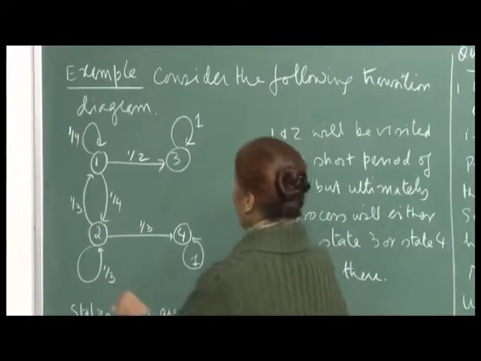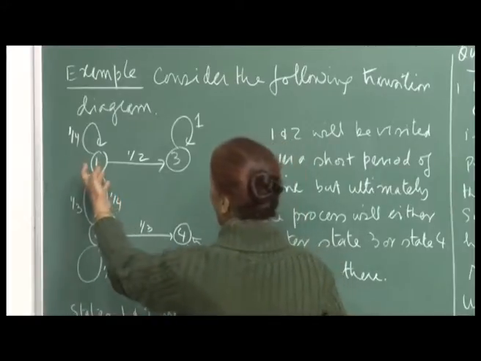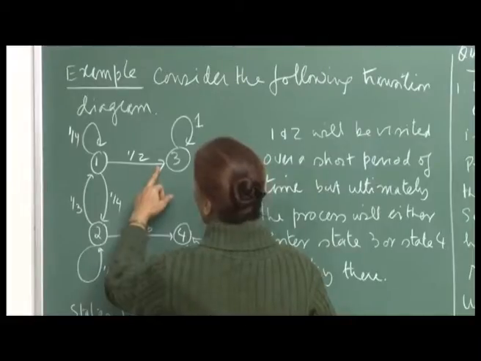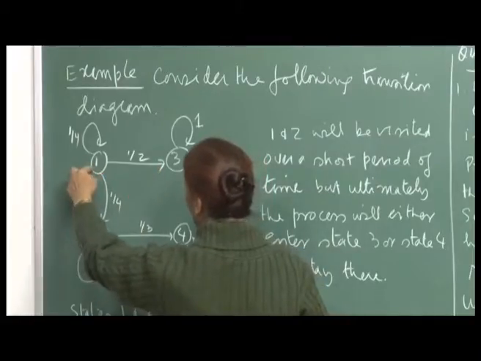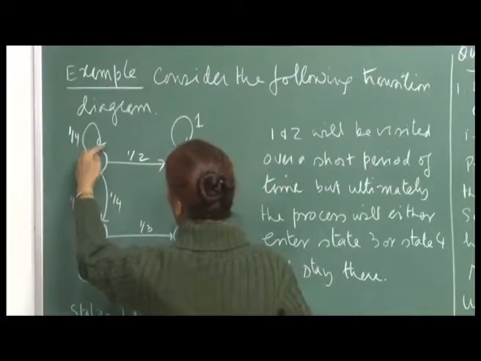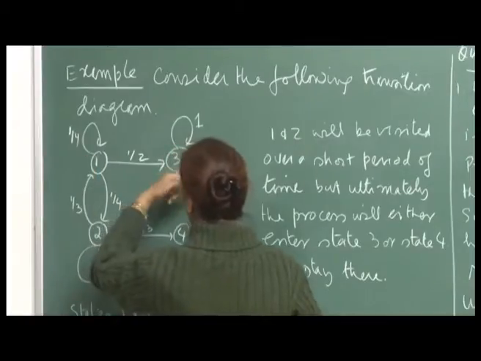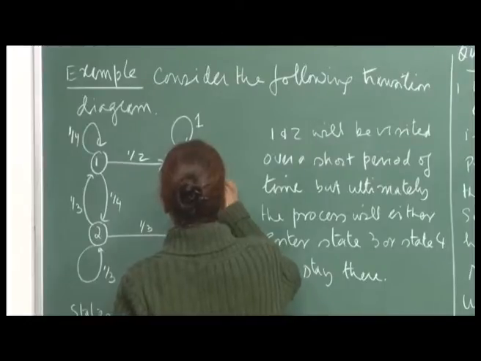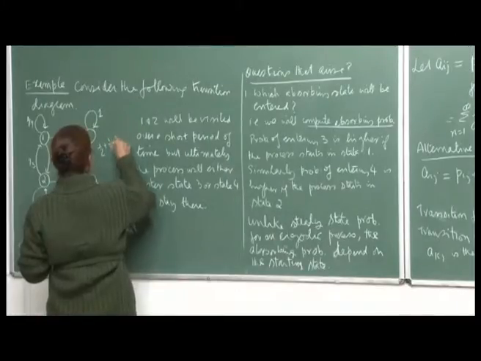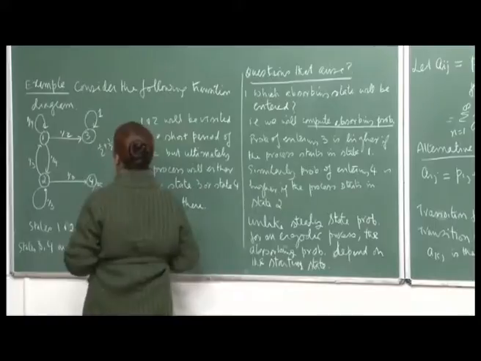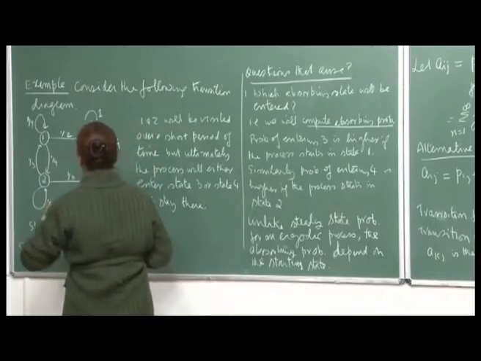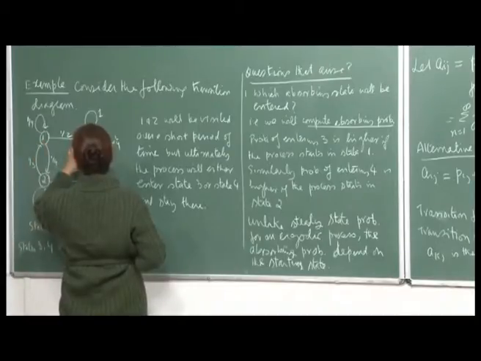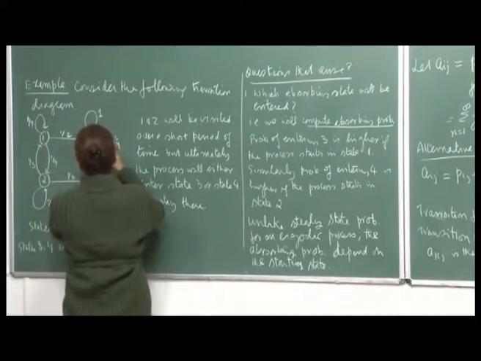If it happens in one step, the probability is half, or it can happen that you go to itself and then transition, so this will be half plus half into 1 by 4. Let us compute this in 2 steps, starting in 1 and transitioning to 3.